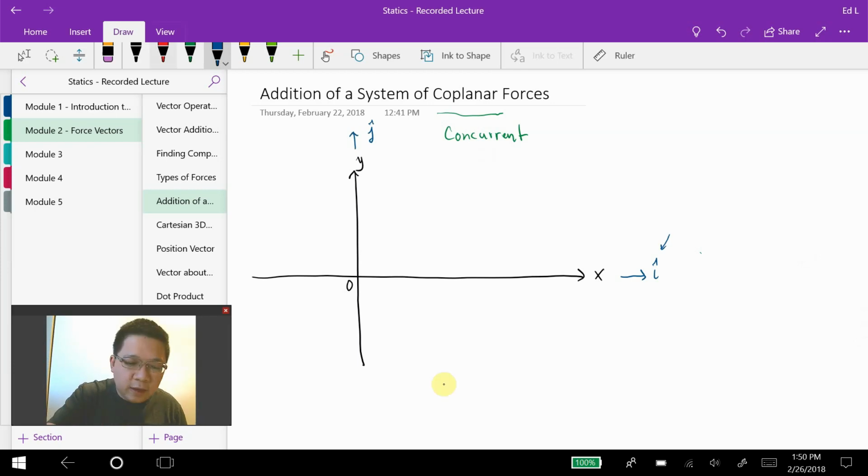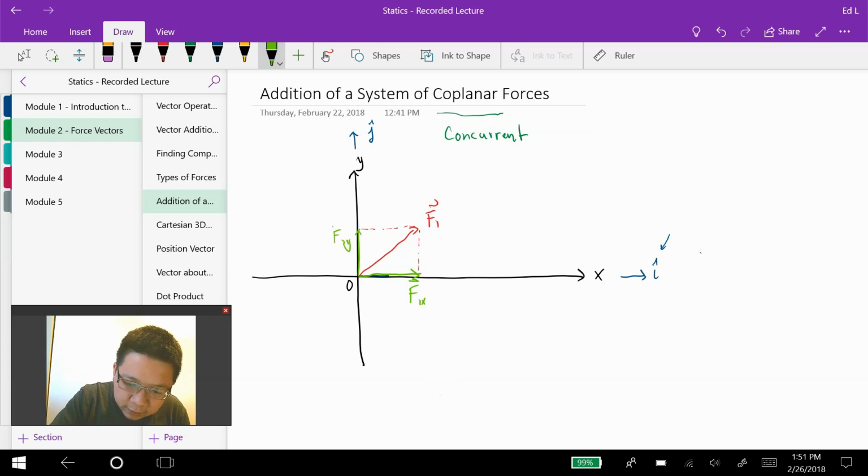Let's say we have a force vector, and let's call that force vector F1. The rectangular components of this vector, or in other words, the two-dimensional Cartesian components of this force vector, can be obtained by projecting the force vector into the x and y axes, such that I will obtain F1x and F1y.